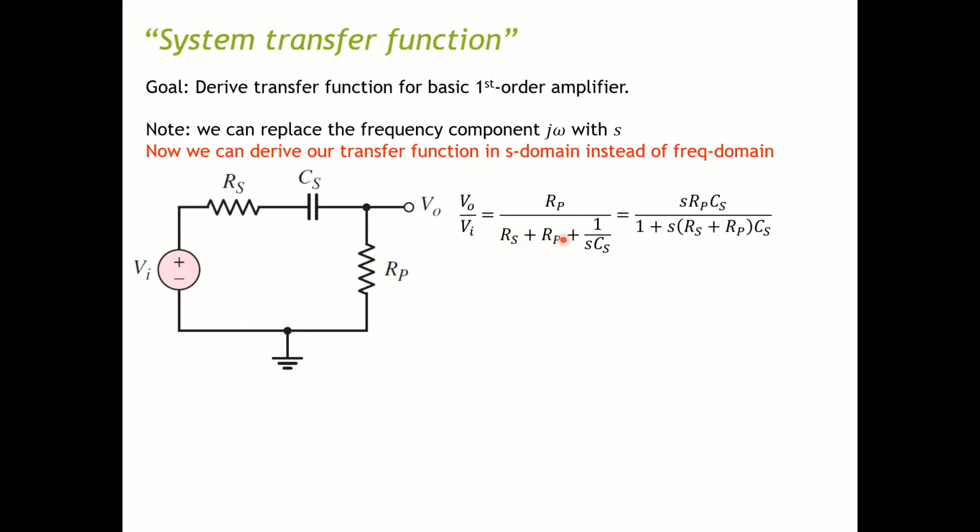So you have these two plus 1 over, and usually right here you have j omega Cs, but as I said, just for the sake of convenience, instead of working with the frequency domain, we can work in the S domain by replacing j omega with a variable S. So now every time you see S, it will be equal to j omega, and omega is angular frequency.